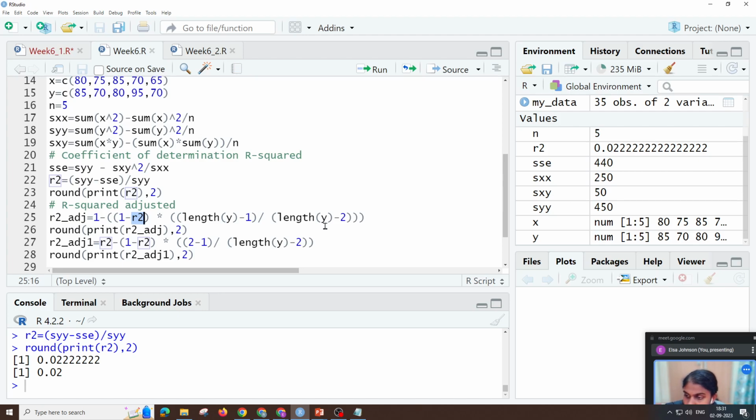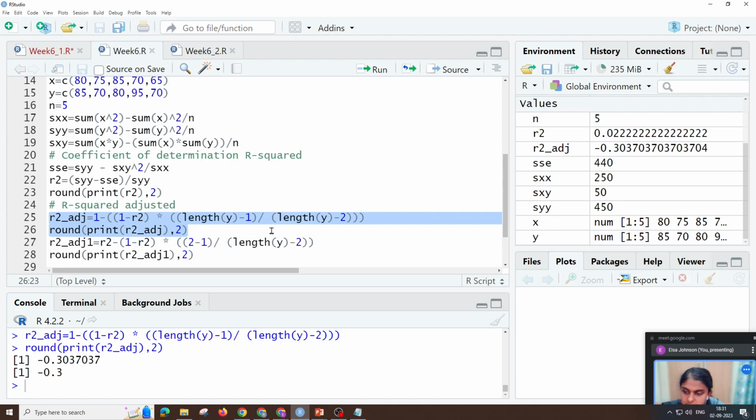Length of y is 5 here, so that means n minus p minus 1. If you do it like this and round it, you will get the adjusted R square value also, rounded to 2 decimal places.